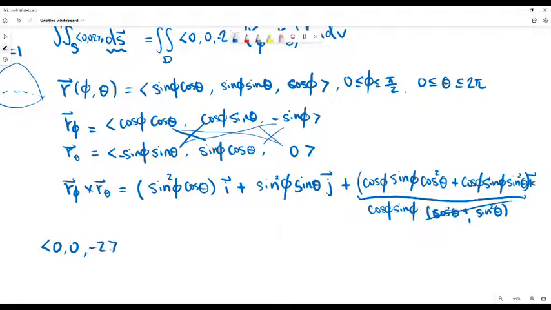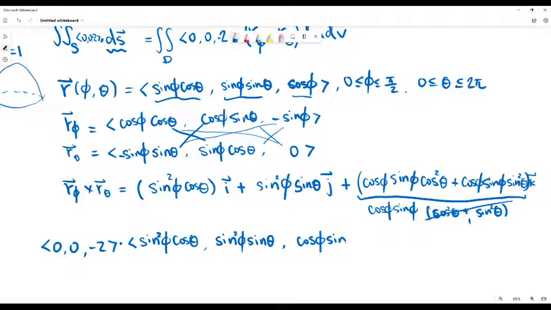Right, so that's my cross product, and then the dot product we're doing is this vector field, the curl: 0, 0, negative 2. Right, if there's any x and y in there, we need to plug in again our x, y, z. But now we only have numbers, so we don't need to worry about that. We're doing the dot product of 0, 0, negative 2 with this cross product we just found.